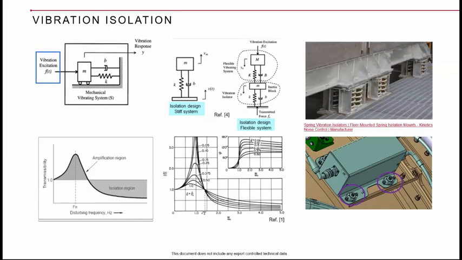Now, if you look at vibration isolation, you can design the vibration isolation. The word itself talks about keeping my system natural frequencies away from the operating range. Okay, so for example, here, this is the operating range, from here to here. Now, if I design in such a way that there is no natural frequency in this operating range, then that is called vibration isolation.